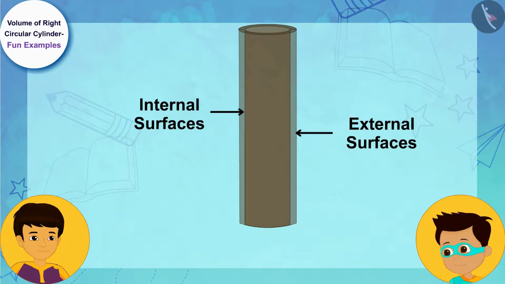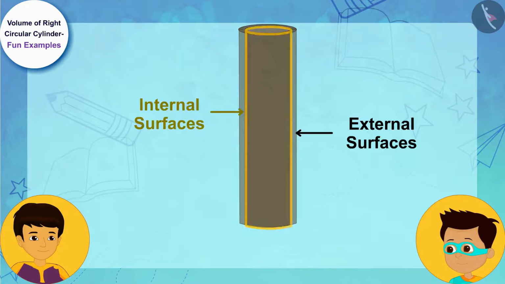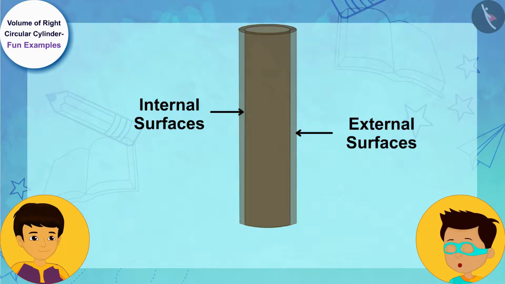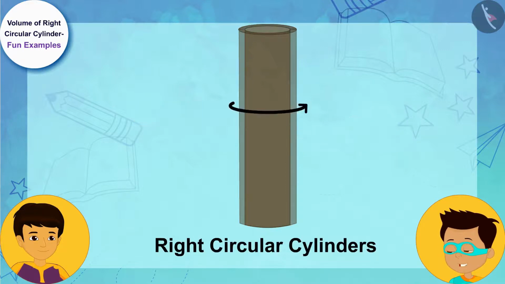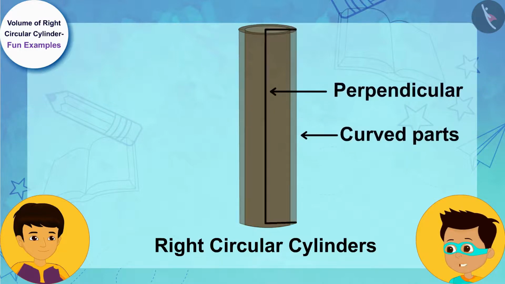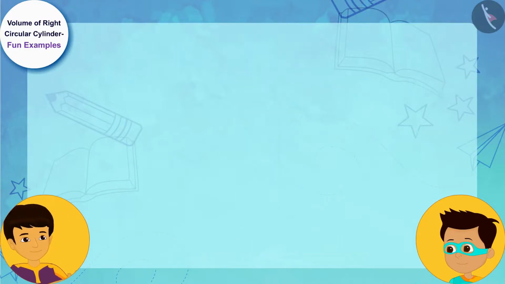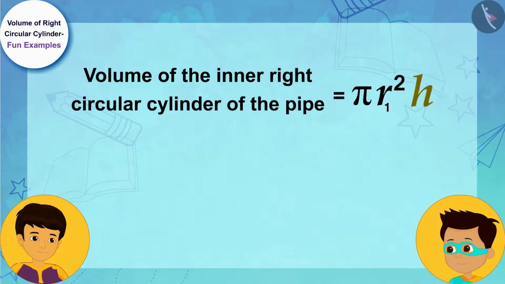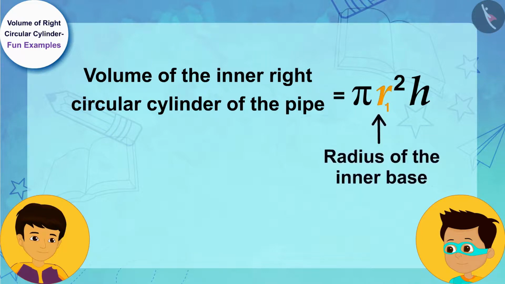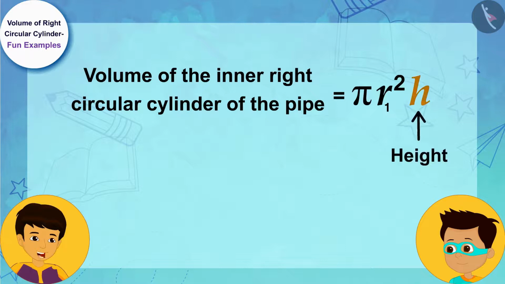Yes, Manas. And see, both the inner and outer surfaces of the pipe are right circular cylinders because their curved parts are perpendicular to their circular base. Absolutely right, Thomas. We can write the volume of the inner right circular cylinder of the pipe as pi r1 square h, where r1 is the radius of the inner base of the cylinder and h is its height.